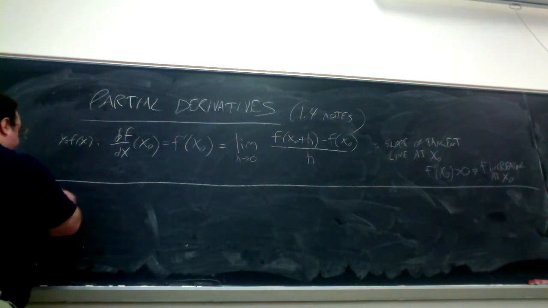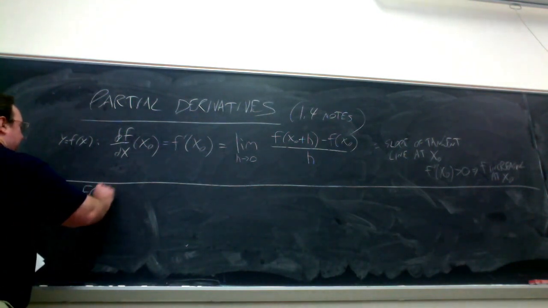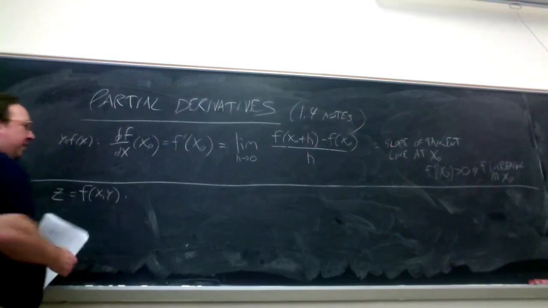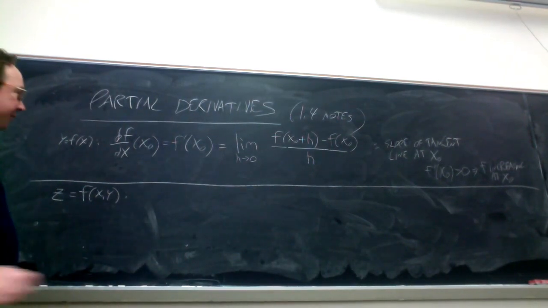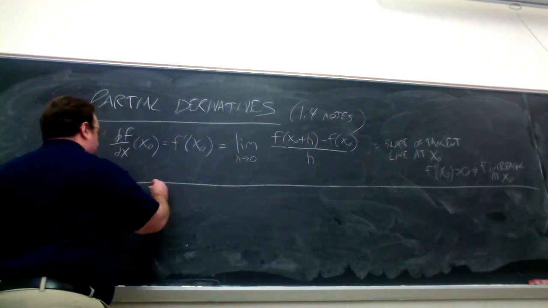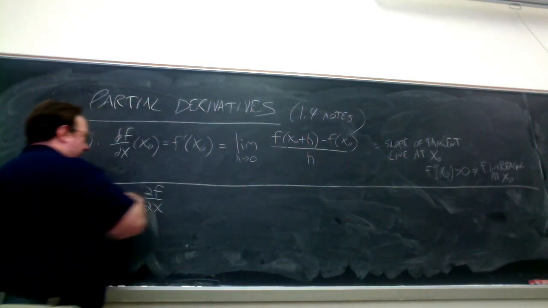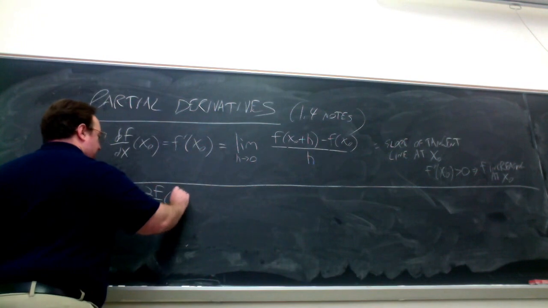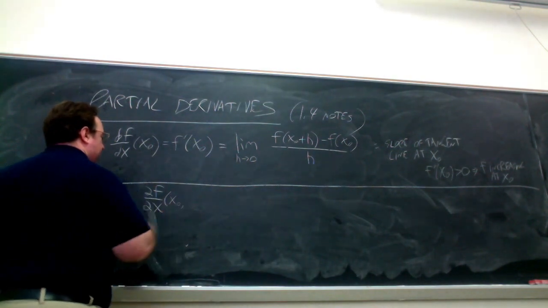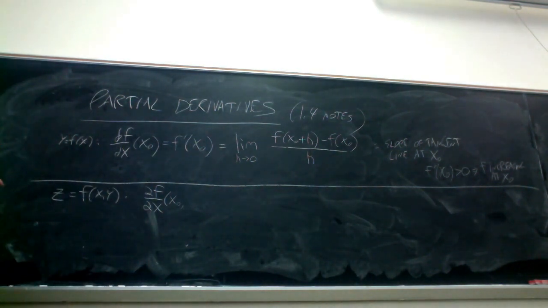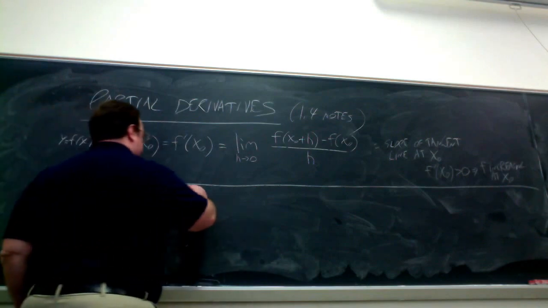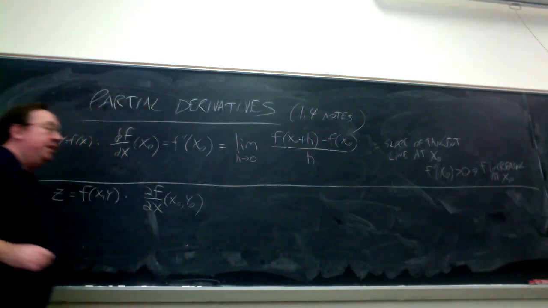So we'll look at z equals f of x, y. So I can define, using this symbol that is not a 2, the partial derivative of f with respect to x, and we're evaluating at a particular point in the xy plane, x naught, y naught.